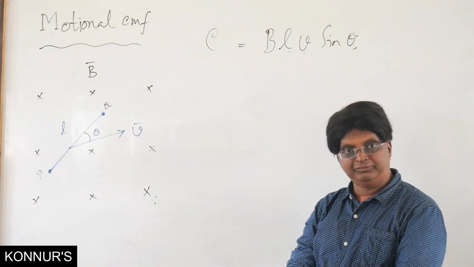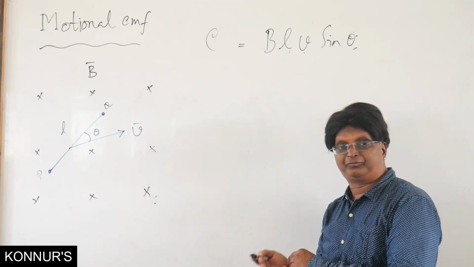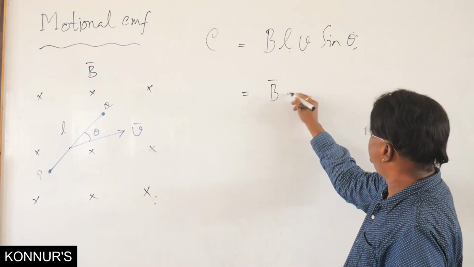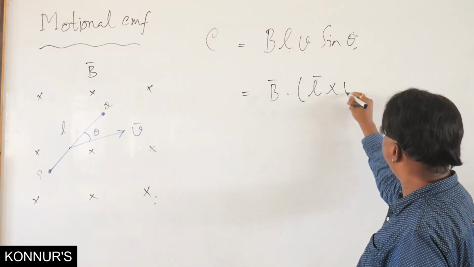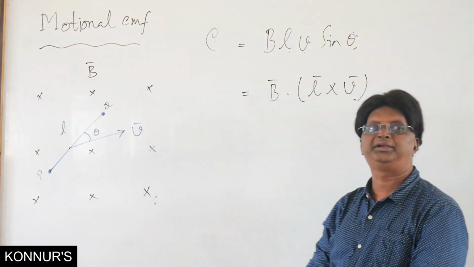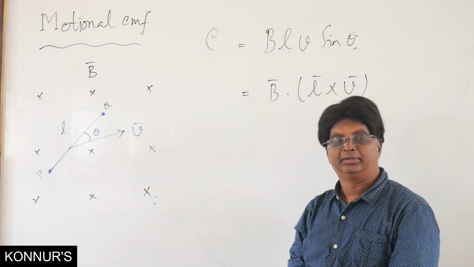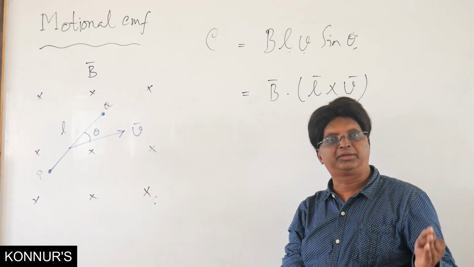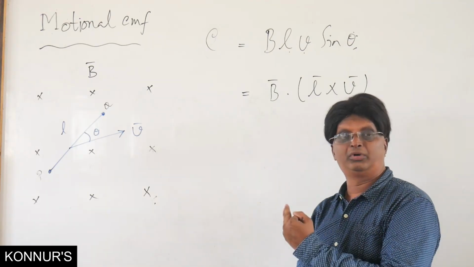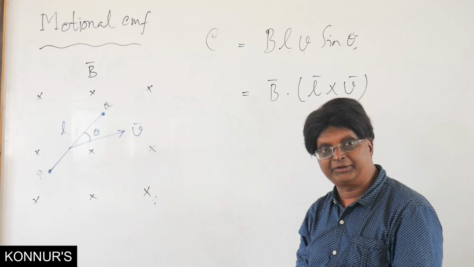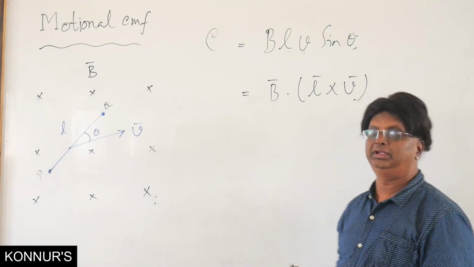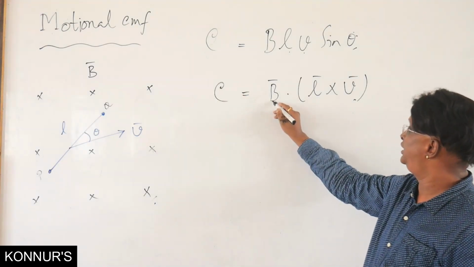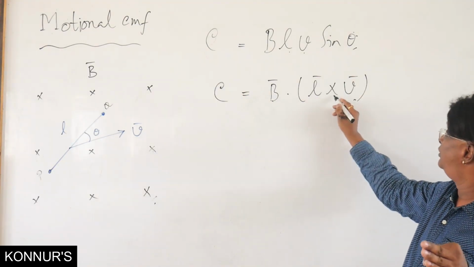In fact, the correct form will be a triple product: B bar dot L bar cross V bar. Whenever we are given different orientations of the magnetic field, the conductor, and also the velocity, then this is our generalized expression: E is equal to B bar dot L bar cross V bar.